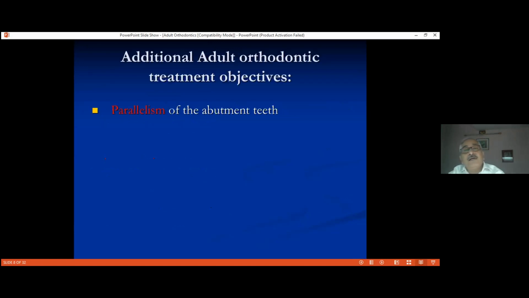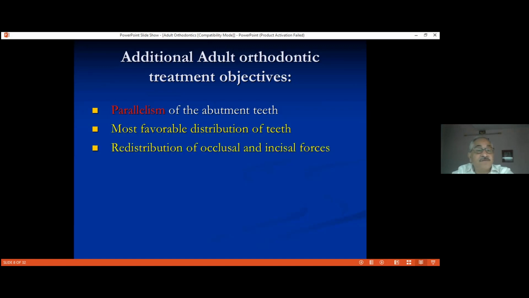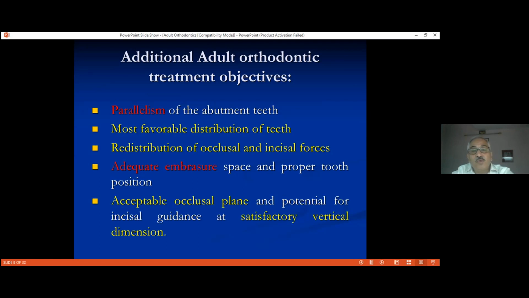Additional adult orthodontic treatment objectives are parallelism of the abutment teeth as demanded by the prosthodontist for rehabilitating the patient, most favorable distribution of the teeth, abolishing certain crowding and adjusting the space, redistribution of the occlusal and incisor forces, adequate embrasure spaces and proper tooth position, acceptable occlusal plane, and potential of incisal guidance at a satisfactory vertical dimension.